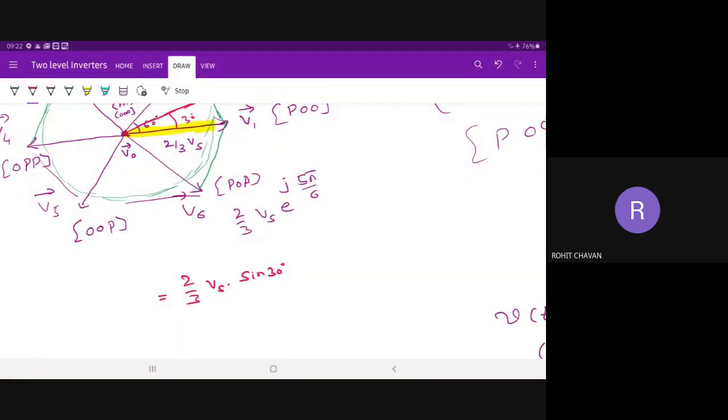What is the time? Okay, we'll discuss in the next class. I think time is over. So you will get 2/3 Vs into root 3/2, so that you will get Vs by root 3. Okay, that is the circle that is inside this one.